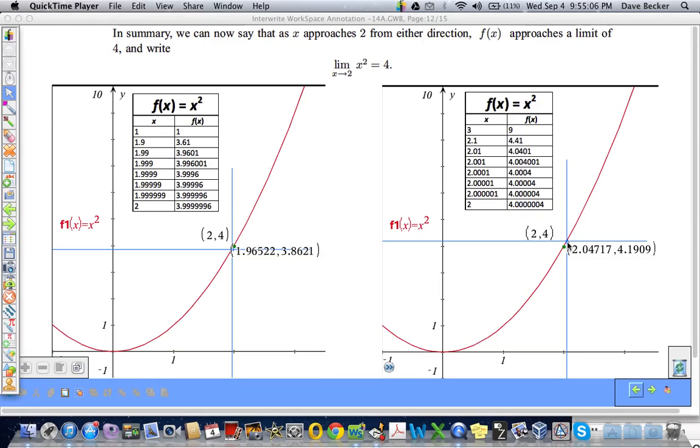If you remember this blue dot coming along the function here, its value was getting closer and closer to 4, whether we came from the right or from the left. When we came from the left, it was approaching 4 from below. When we came from the right, the value of the function was approaching 4 from above, coming down, down, down.